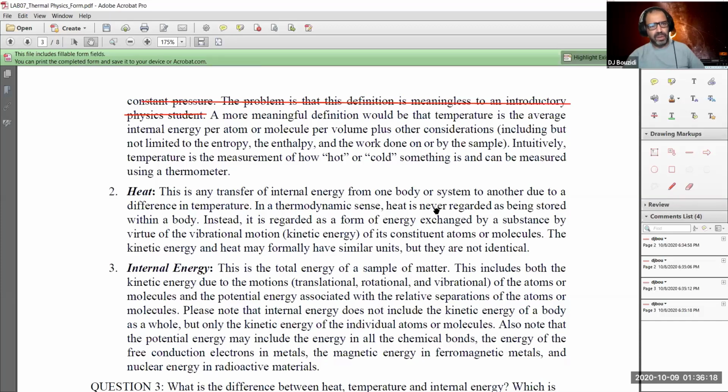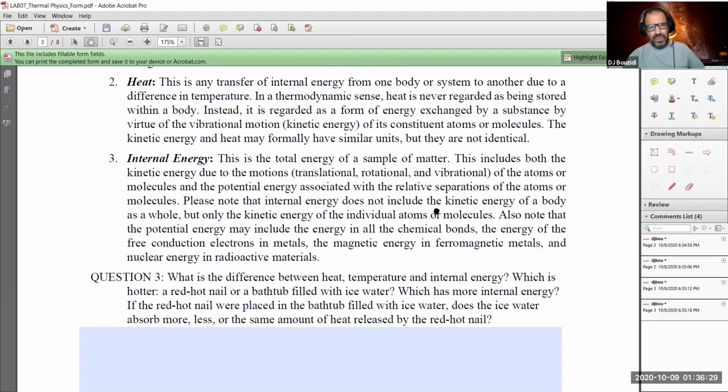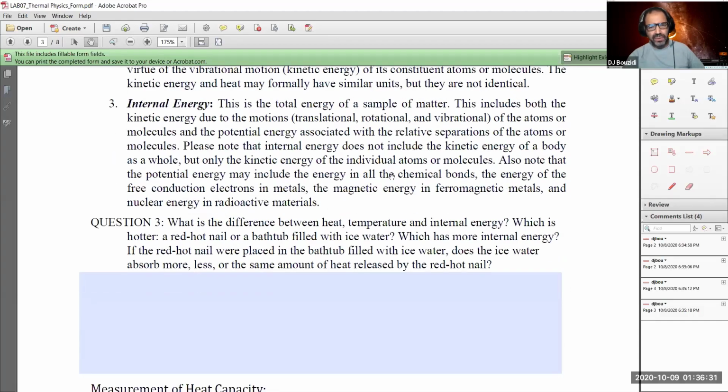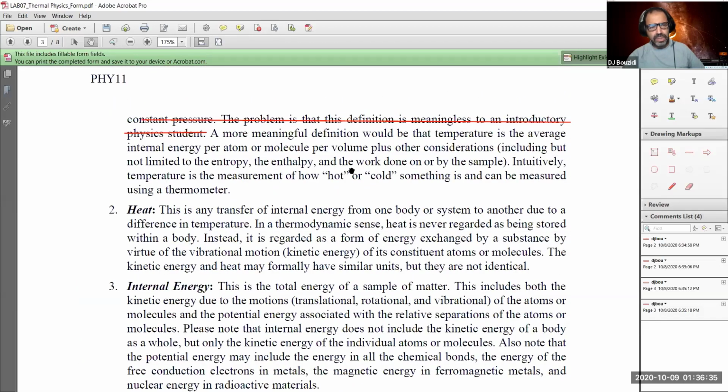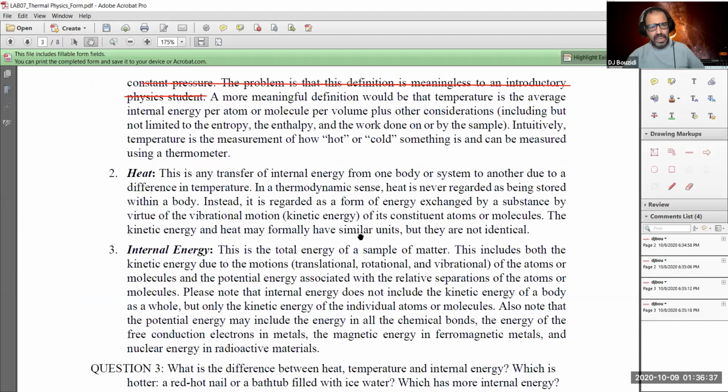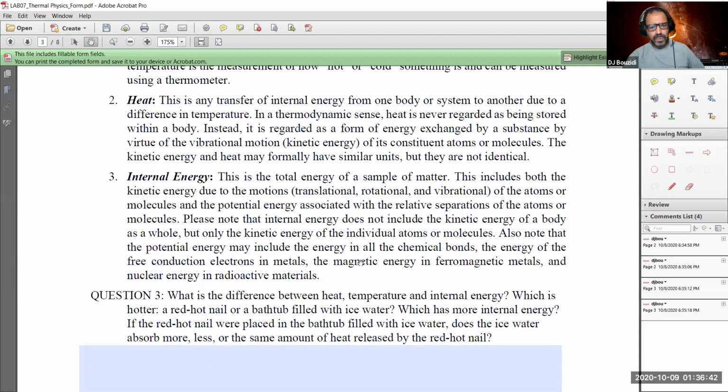Work is not one of them. An object can do work depending on the environment it's doing work on, or vice versa, how much work the environment is doing on it. Hopefully that adds a little clarification: internal energy and temperature characterize the state of the object, whereas heat is involved only in transition between state and state.